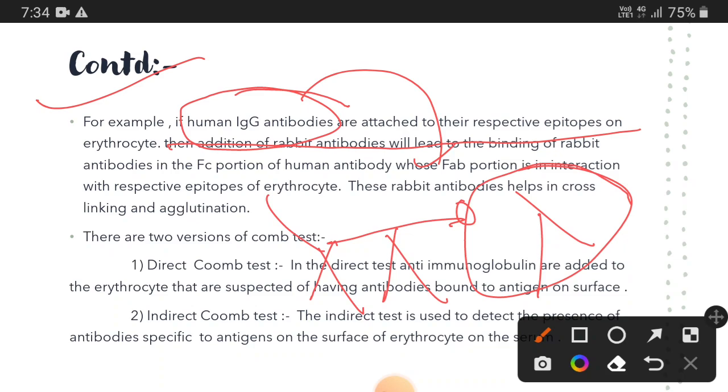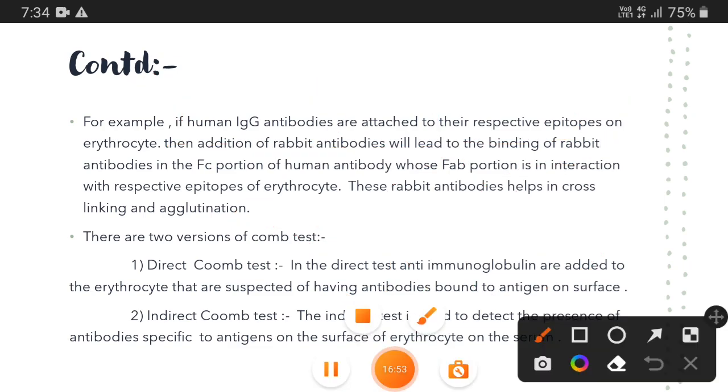Now if we extract those secondary antibodies, or anti-human antibodies, and then add them to our sample, those antibodies simply find the human antibodies that are already in interaction with the erythrocyte, or specific respective epitopes on the erythrocyte. So these rabbit antibodies help in cross-linking and agglutination.